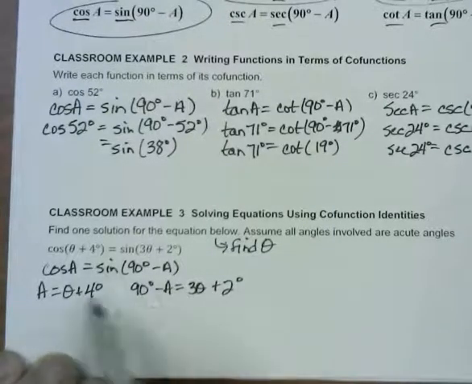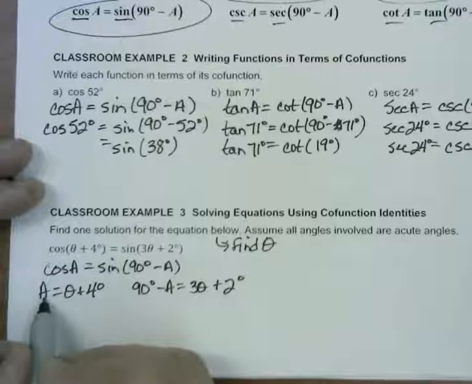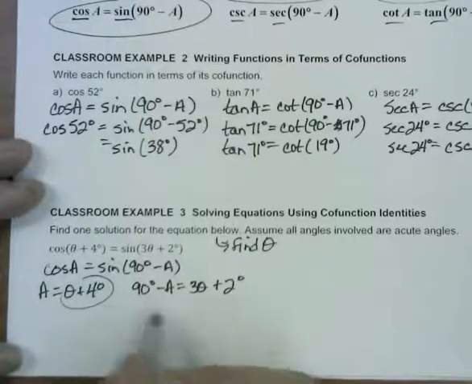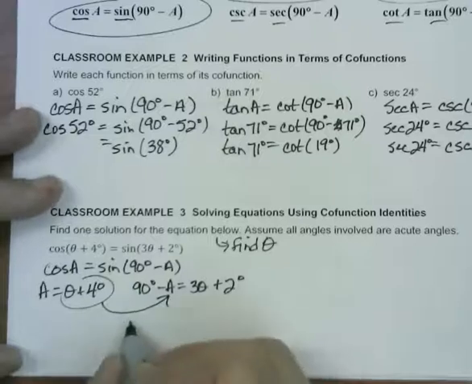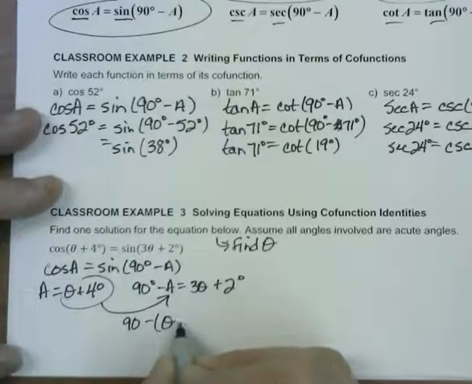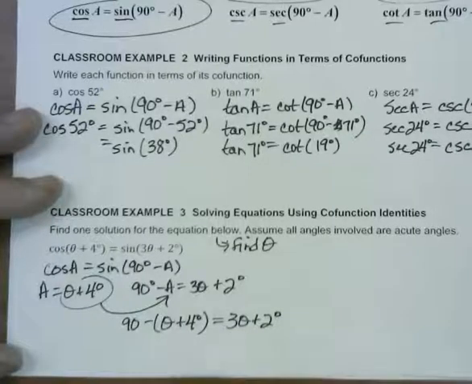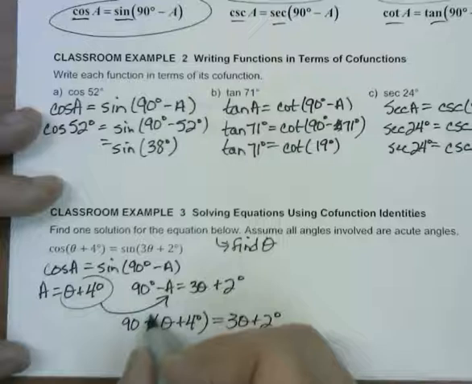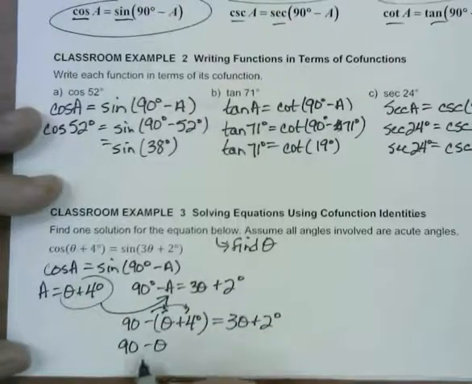Now I've got two equations and I actually have two variables because I have the A and the theta. So what I can do is substitute. I already have this one solved for A, so I can substitute this into this equation in place of the A. That would give me 90 minus the quantity theta plus 4 degrees equals 3 theta plus 2 degrees. Then I'm just going to solve this for theta. So I'm going to distribute my minus sign. That gives me 90 minus theta minus 4.